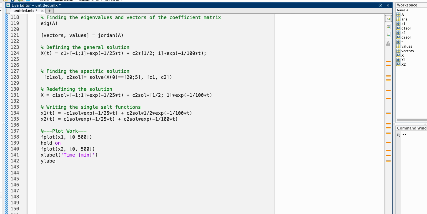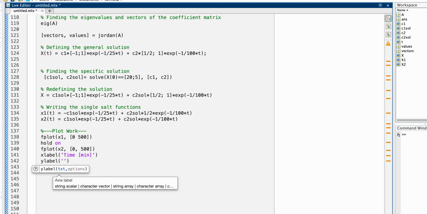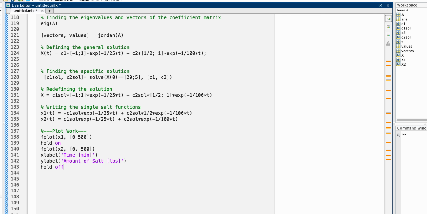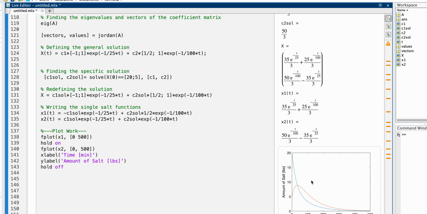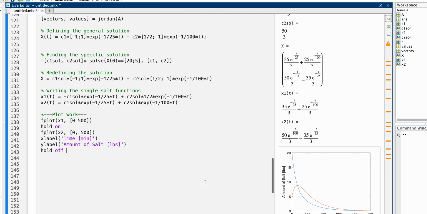And then the y label is the amount of salt, and that is in pounds. Now we can write hold off, which means that whatever comes after this is not going to be associated with this fplot again. And now I can just press Control Enter. I press Control Enter, and I see if I get a graph, and I get this very nice graph over here.